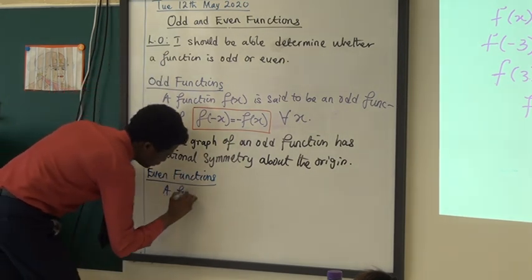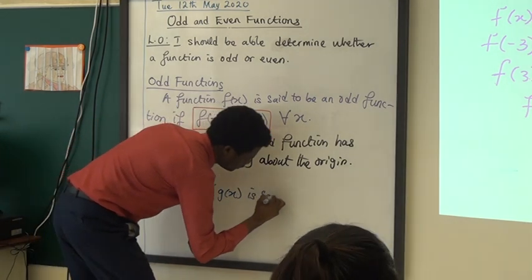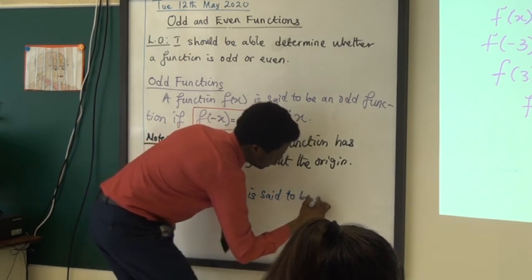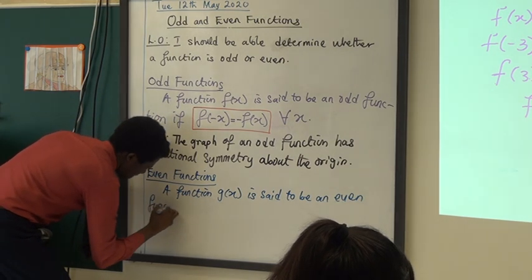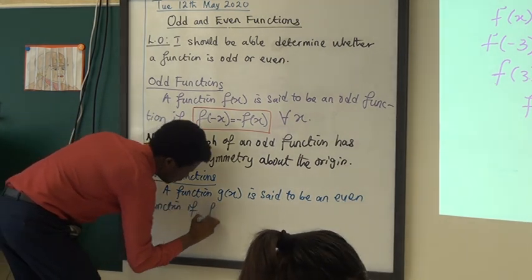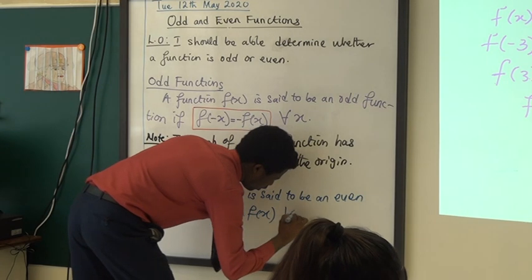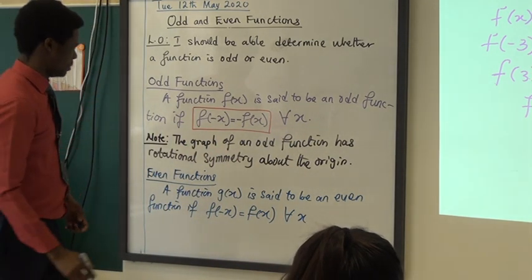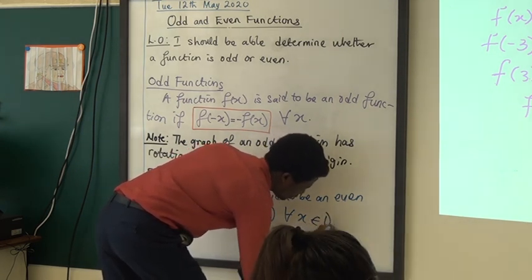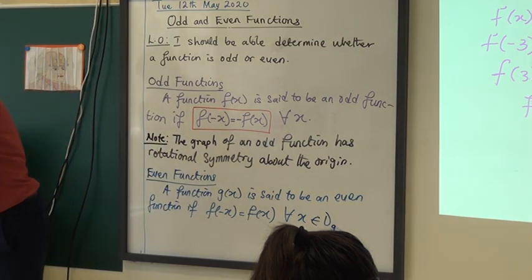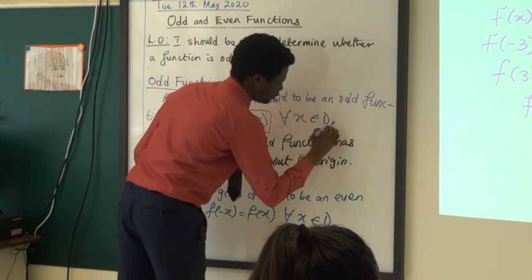So a function g of x is said to be an even function if the condition this time is f of negative x must be f of x for all x in the domain. The domain could be anything. In the case of trig, the domain will be the domain of the angles, right? So for all x in the domain of the function.